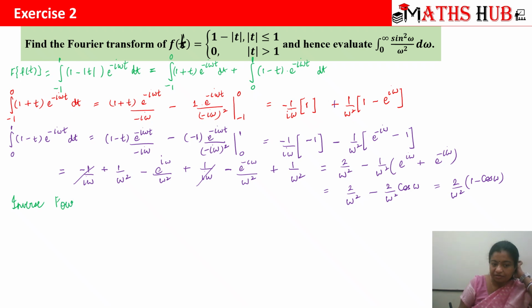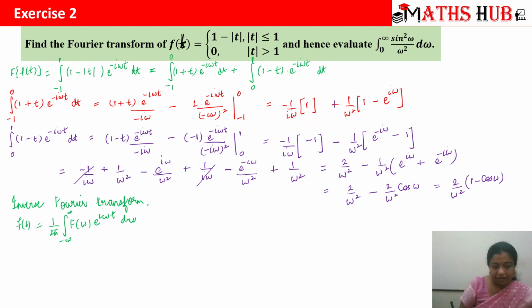So what is inverse Fourier transform? So f of t is 1 by 2 pi integral from minus infinity to infinity of f of omega into e power i omega t d omega.